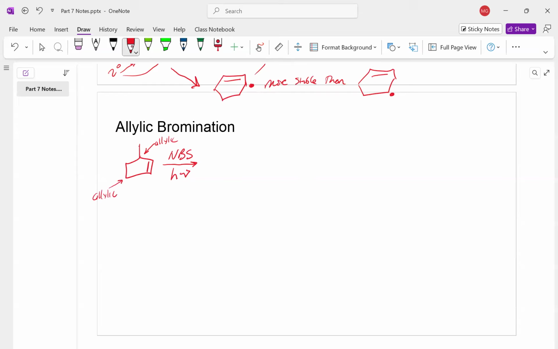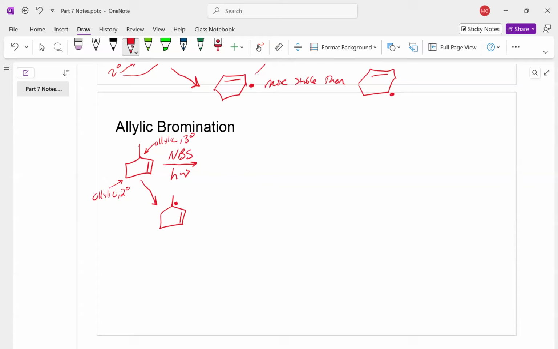Which one is going to be the preferred position? Well, this one's tertiary, and this one's only secondary. Just by the order of stability of radicals, tertiary is going to be more stable than secondary. So the radical that gets formed is going to be this tertiary allylic radical.